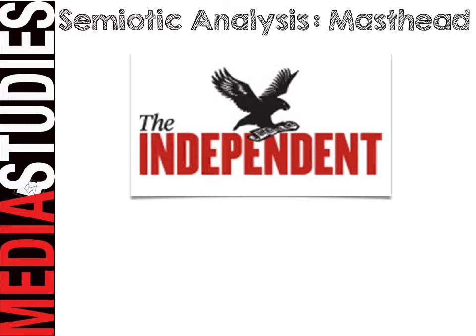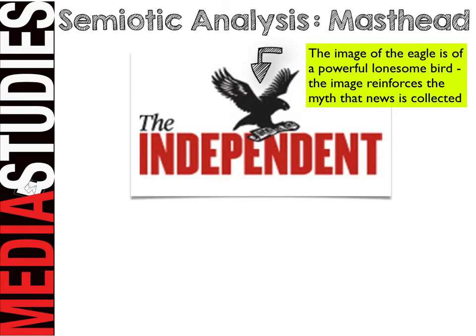Most newspaper mastheads have an emblem or badge or a mascot or some kind of imagery included in them. In the case of the Independent, this image of the eagle is a powerful symbol. It has connotations of being independent and lonesome, if you like, doing its own thing.